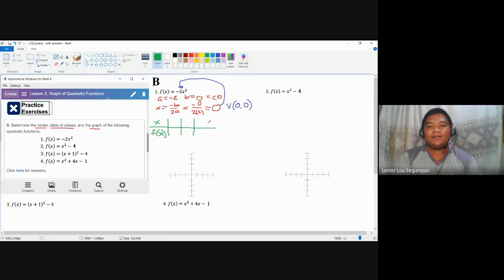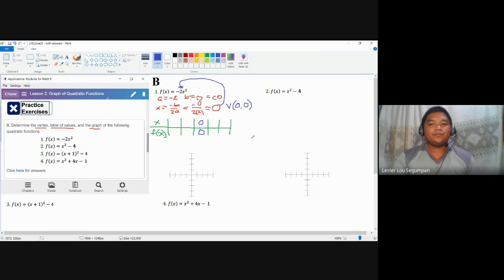Here, our graph is a parabola. To properly see the parabola, we need at least 5 points with the vertex located in the middle. Because the vertex is a turning point, where the graph changes direction from increasing to decreasing or decreasing to increasing.